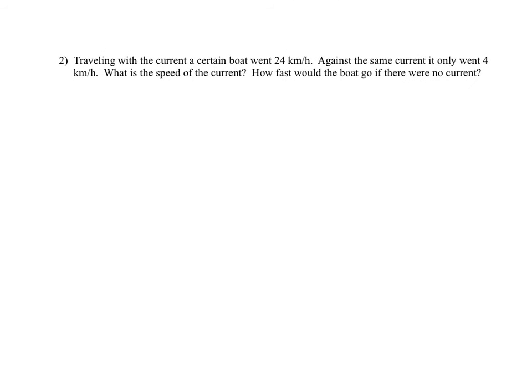This one is saying that traveling with a current, a certain boat went 24 kilometers. Against the same current, it only went 4 kilometers. What is the speed of the current?